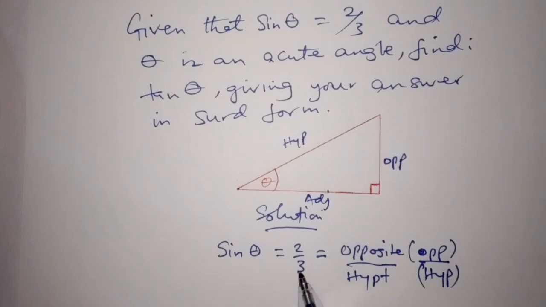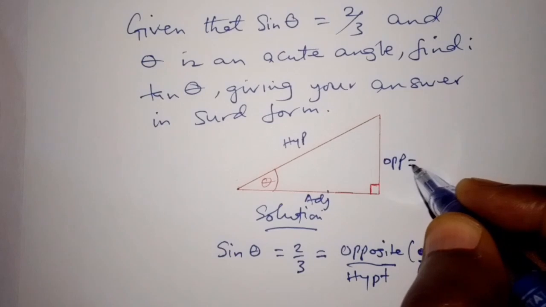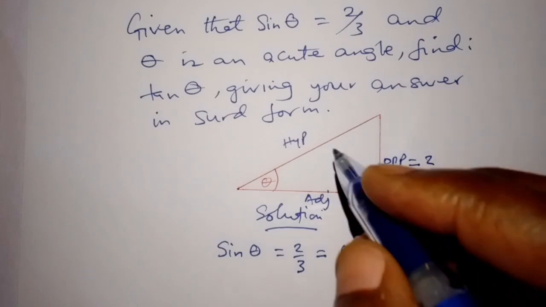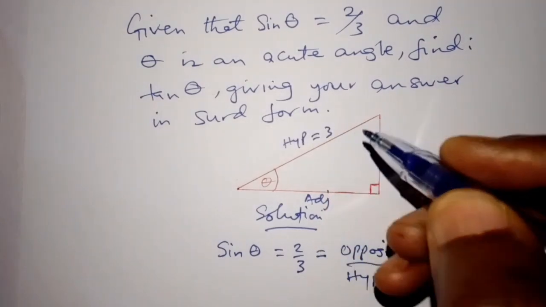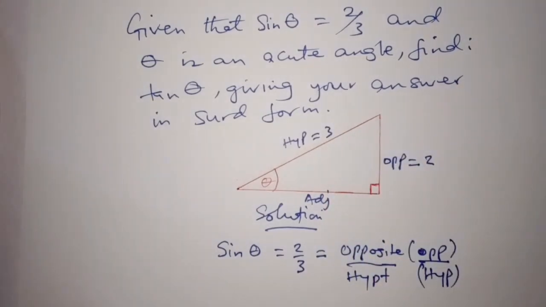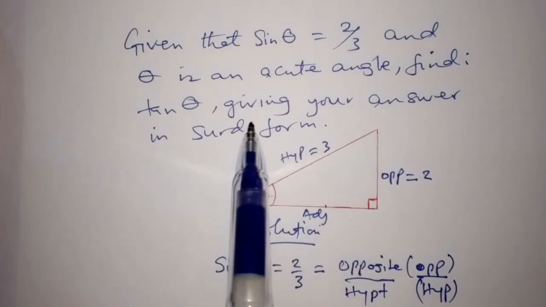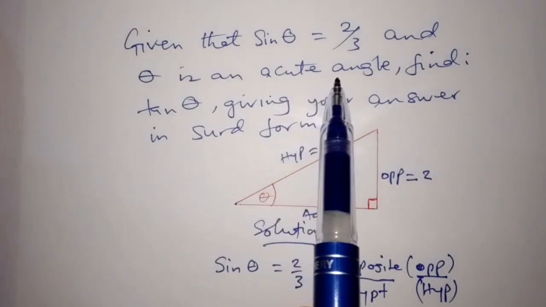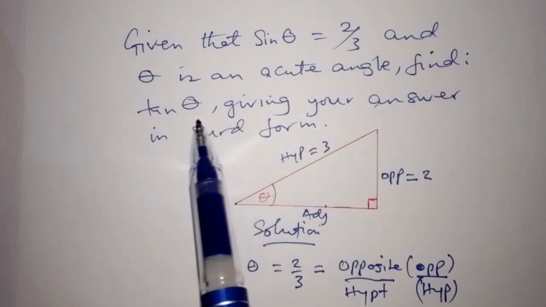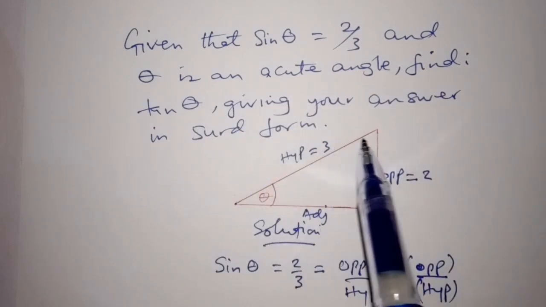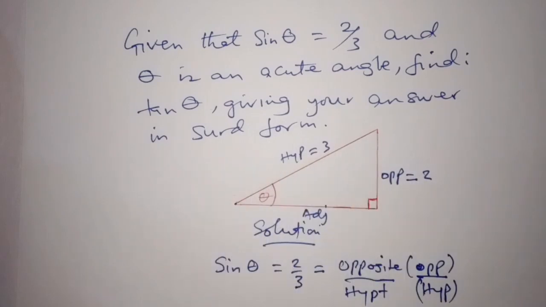So sine theta is given by our opposite here, which is 2, and our hypotenuse here, which is 3. Now we are told, given that sine theta is equal to 2 over 3 and theta is an acute angle, find tan theta, giving your answer in surd form.